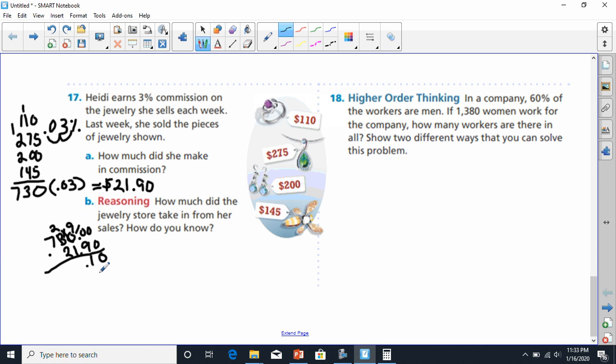So 10 minus 9 is 1. And then we've got 9 minus 1, that's 8. And then 2 minus 2, that's 0. And then 7. So that means the store made $708.10. It says, how do you know? Well, because I subtracted what she made in commission from the total sales, and that gave us what the store got.